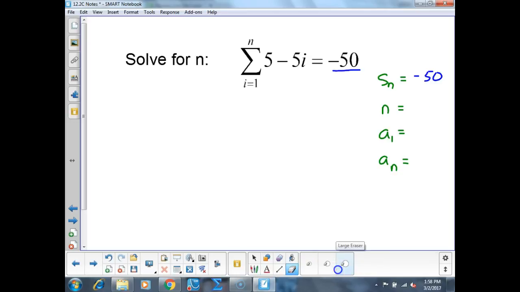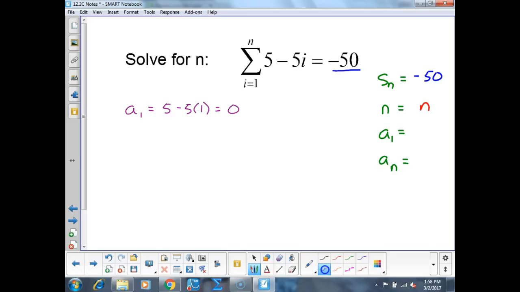Let me put that in a different color here. Actually, let's go red. My first term, I can find by taking my lower limit and plugging it into my rule.